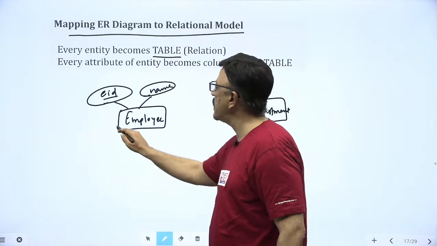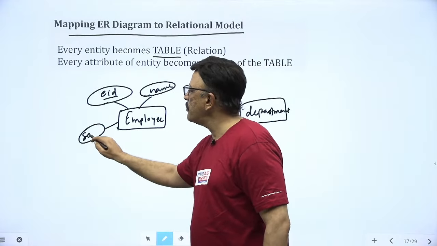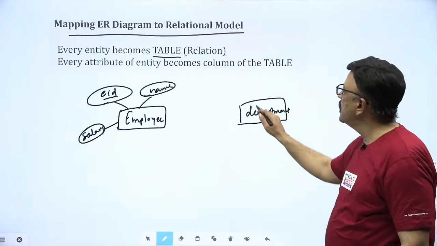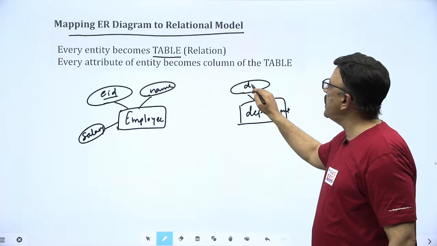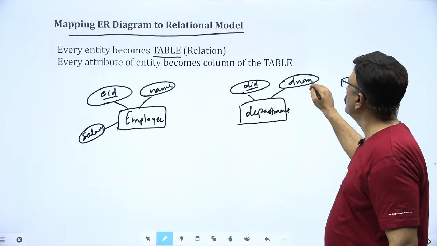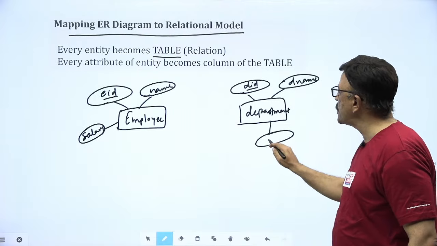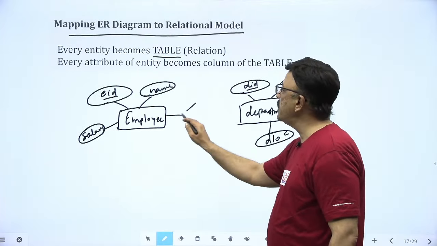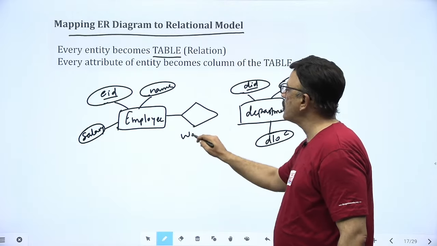Let's not waste our time, but 3 attributes. I could have shown more attributes, and EID is the key attribute, and department is having DID, name of the department DName, and let's say department location is also there, DLoc. And these two entities are related using works for.